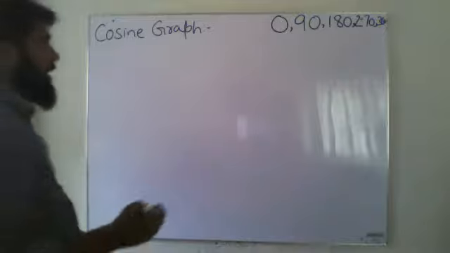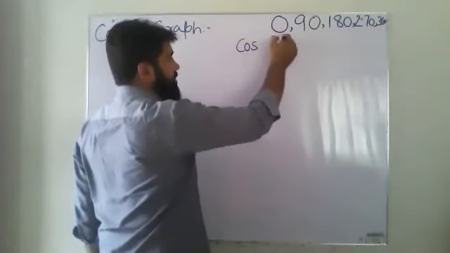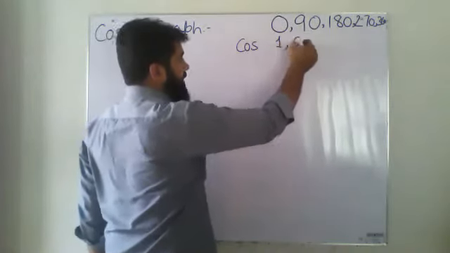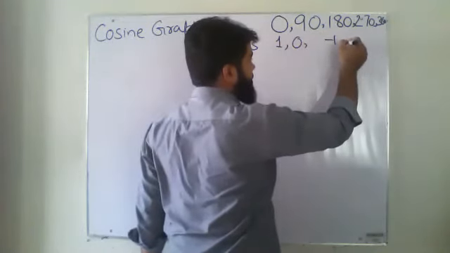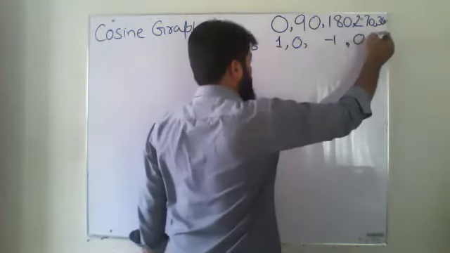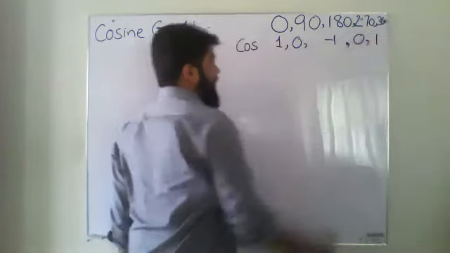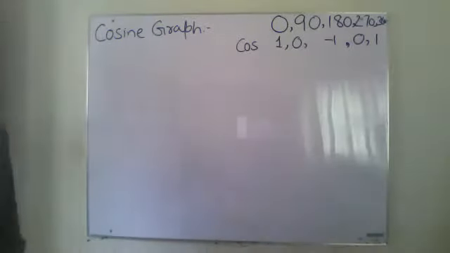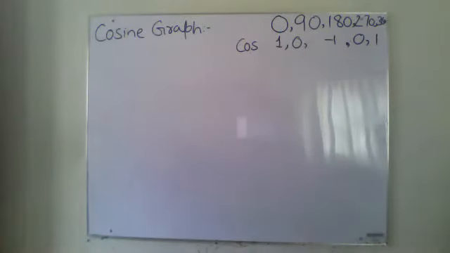When we compute them with cos, cos 0 is 1, cos 90 is 0, cos 180 is -1, cos 270 is 0, and cos 360 is 1. These are the points of the cos graph.